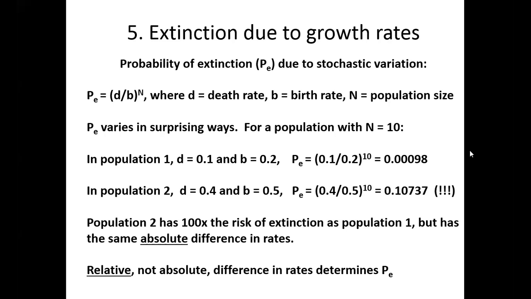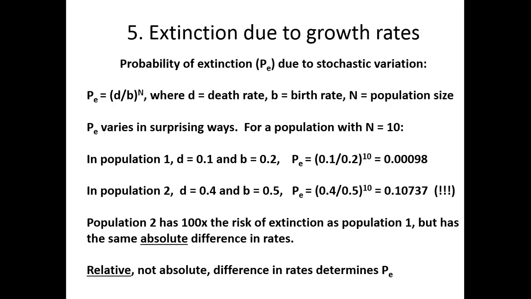Now 0.4 divided by 0.5 is 0.8. 0.8 raised to the 10th power is 0.1. You have a 1,000-fold higher probability of going extinct if your birth rates and death rates are higher than if they're lower. Okay, why is that?